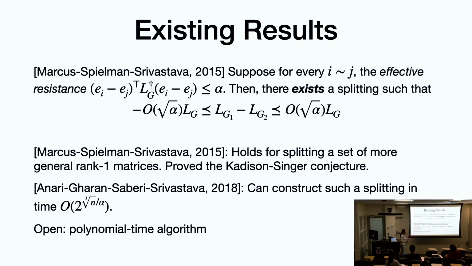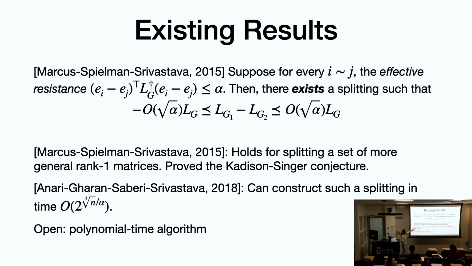I want to point out that the result by Marcus, Spielman, and Srivastava actually holds for more general settings, for splitting more general rank 1 matrices instead of the rank 1 matrices for the edges. And their result proves the Kadison-Singer conjecture.